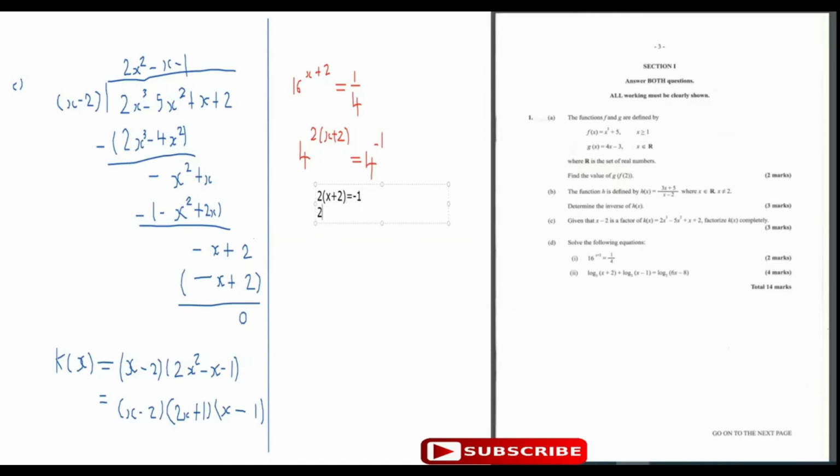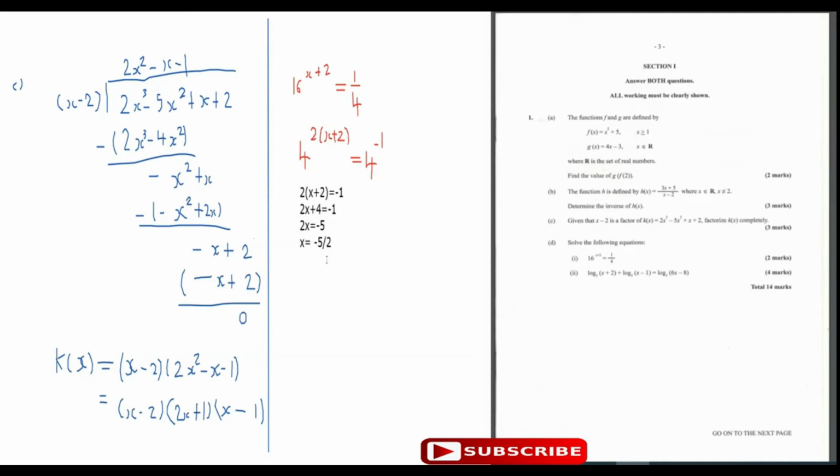So we're solving 2x plus 4 is equal to minus 1. So 2x is equal to, we bring over the 4 to get minus 5. Divide through by 2 to get x is equal to negative 5 over 2. That's the solution.